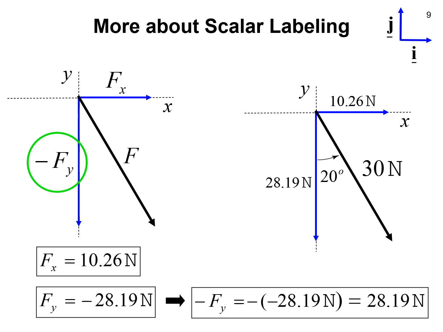So in summary, if I use the scalar labeling system with actual numbers, I'm going to finally write only the magnitude of each component as long as the components are already drawn in their natural direction. So again, the vertical component is already pointing down, so I interpret that as 28.19 negative j.